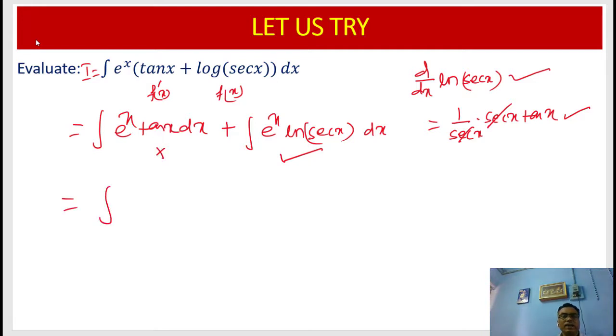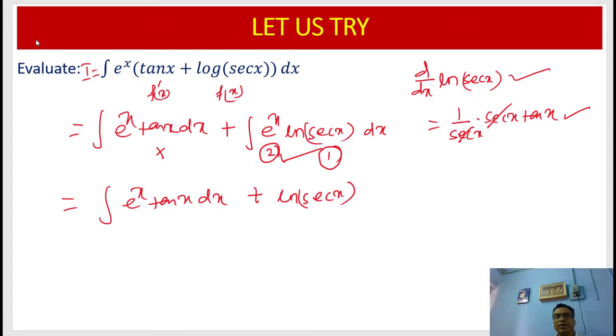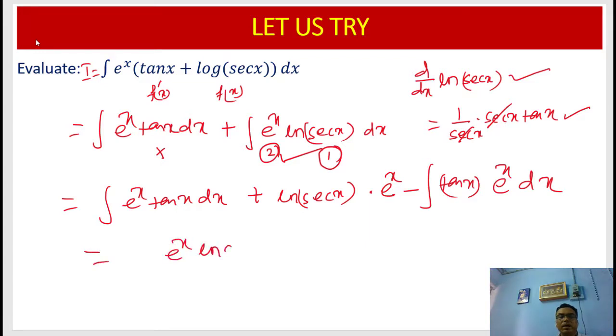So integration e to the power x tan x dx plus, first, this one is my first function and this is second: first into integration of second, log sec x, integration of e to the power x is itself, minus whole integration derivative of log sec x, which is tan x, into e to the power x dx. So it is simply e to the power x log sec x plus c.